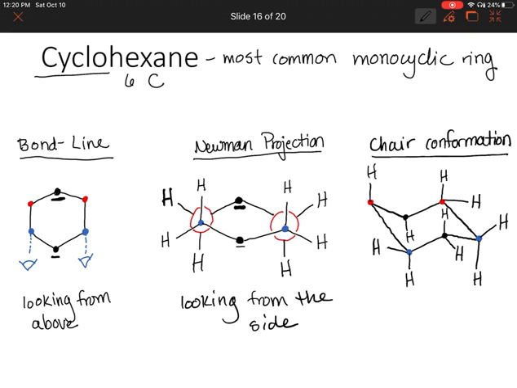The one next to that, the hydrogen will point down at an angle. And finally, we'll have one pointing up at an angle on the last carbon. So this is our chair conformation, and this can be tough to draw, so you will want to practice this. But again, we're looking at the structure from above at an angle.